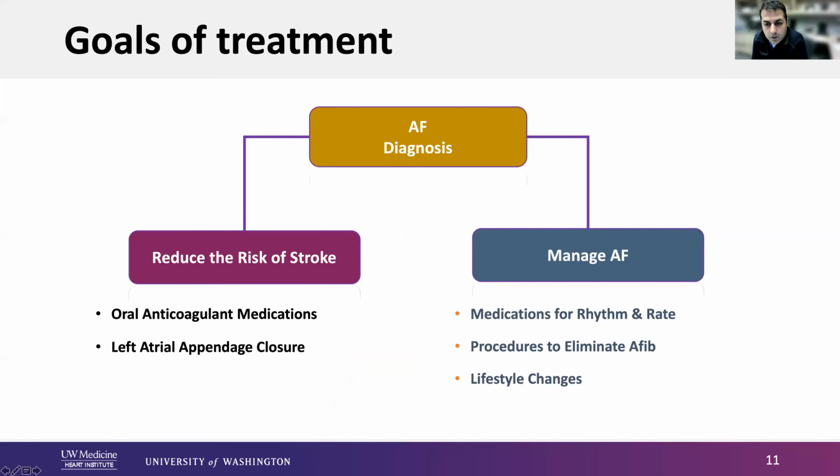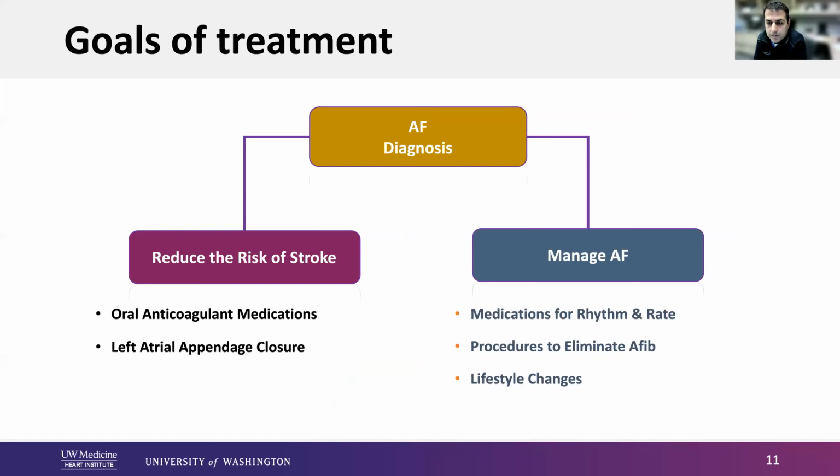Now, what do we think of when we're managing atrial fibrillation? What are the goals of treatment? Like I mentioned before, we want to think about right up front that risk of stroke and think about mitigating factors. How do we lower the risk of stroke? And then we also want to think about how to manage the AFib itself.